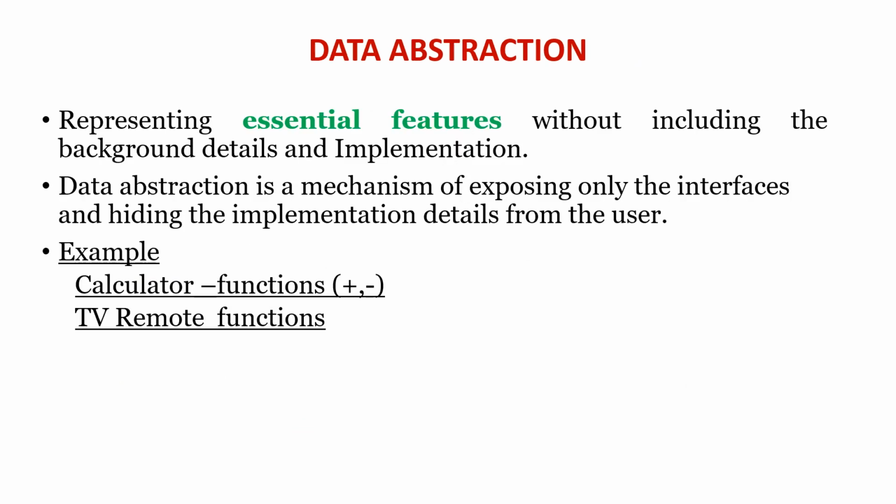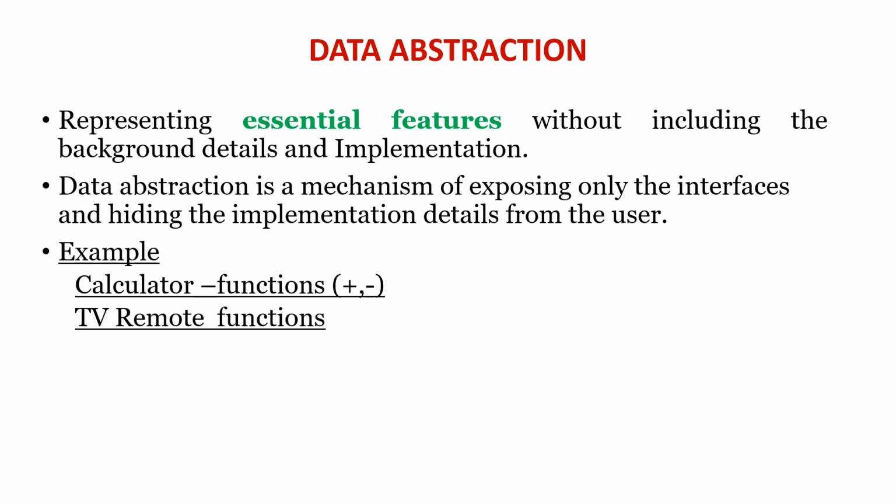Data abstraction. Data abstraction means representing essential features only without including the background details. Data abstraction is the mechanism of exposing only the interfaces and hiding the implementation details from the user. For example, in a calculator we use plus and minus buttons.